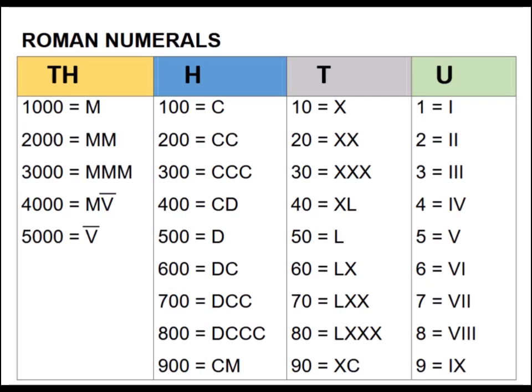We learned how to write 1 in Roman numeral as I, 2, II, 3, III, 4, IV, 5, V, 6, VI, 7, VII, 8, VIII, 9, IX. That's for the unit part.